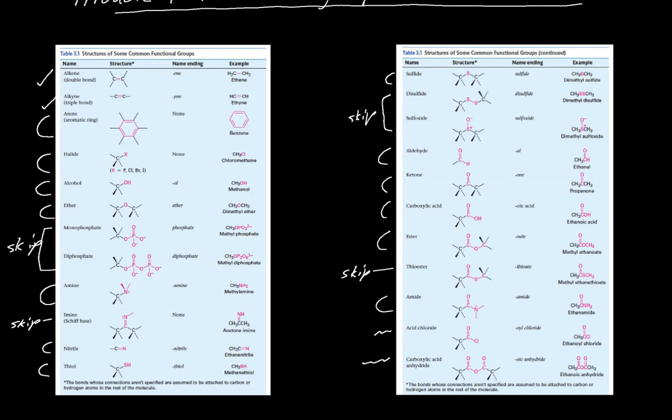notice that all of these have a C double bond O group, the aldehyde, the ketone, the carboxylic acid, the ester, and the amide.